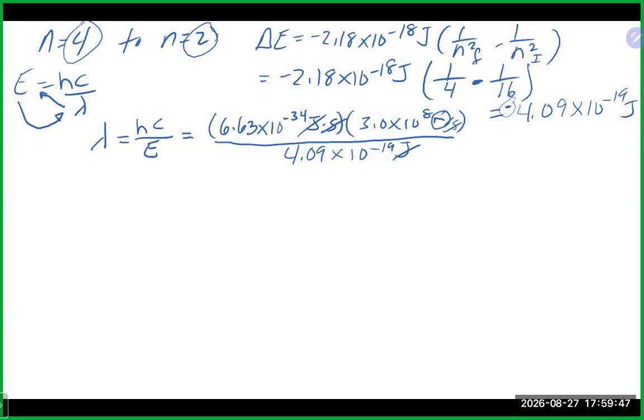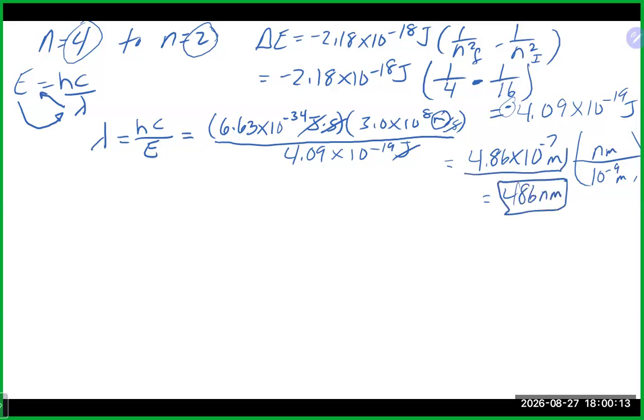And we're going to times that by speed of light divided by our energy here. And that's going to get us about 4.86 times 10 to the minus 7 meters. And again, if we just want to compare with nanometers, 10 to the minus 9 meters is a nanometer. That'll give us something like 486 nanometers in this case.